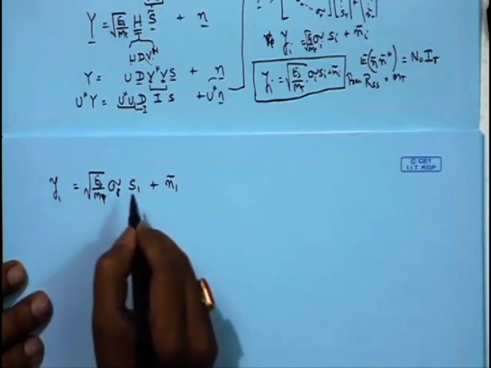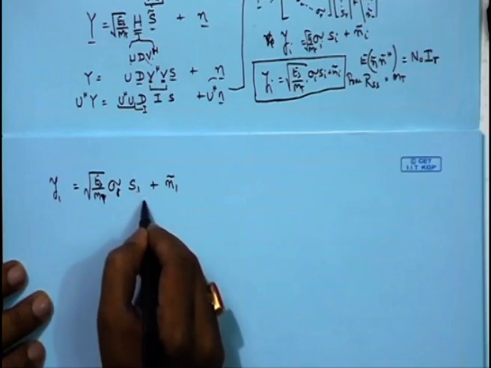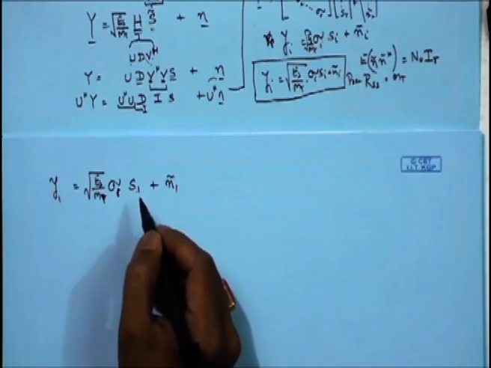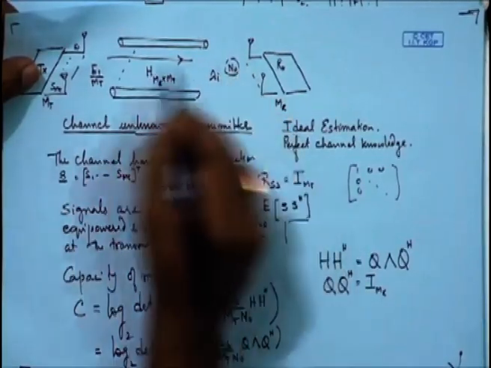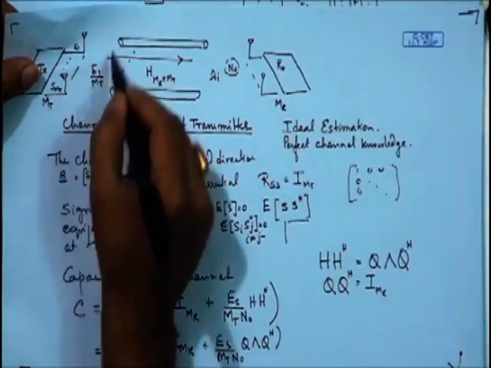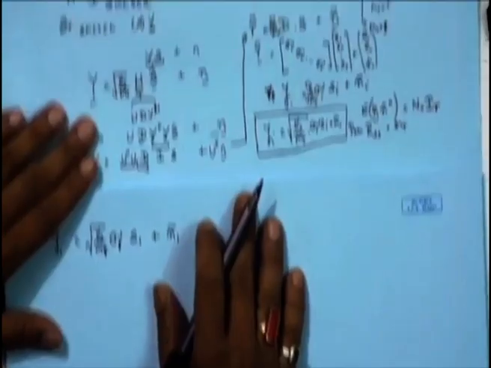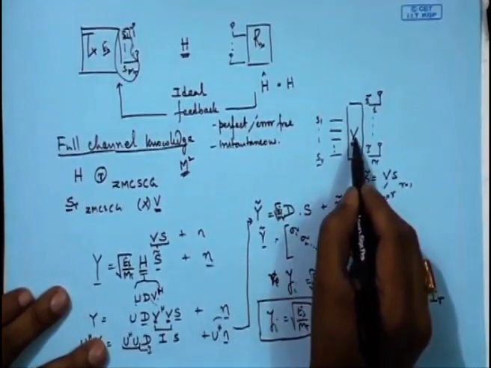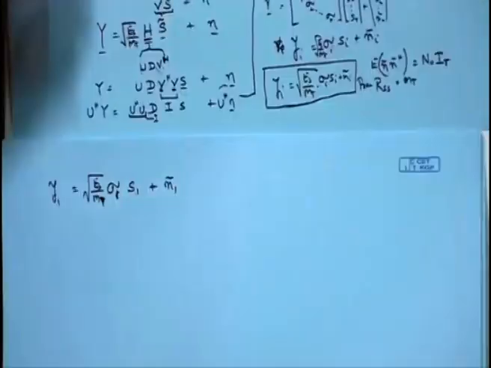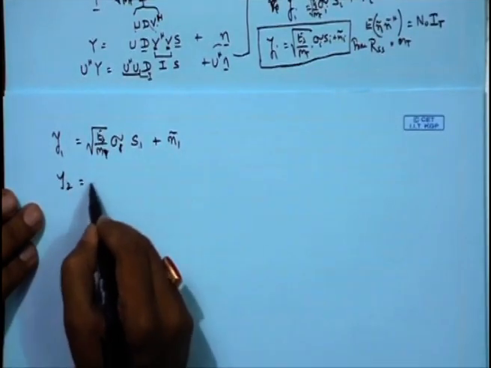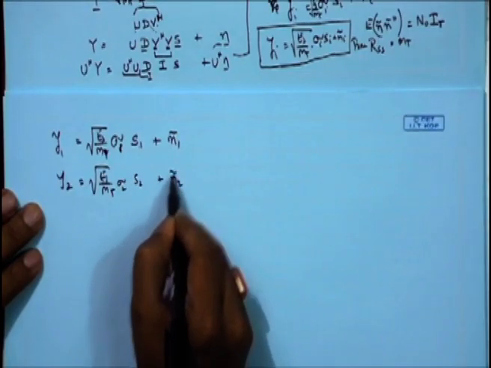So Y1 does not have anything other than S1, and there is no interference between the symbols. Initially we saw that when you send a MIMO transmission, everything is received on all antennas, so the first antenna would receive S1 to SMT. However, because of the pre-processing introduced here, we do not get any such interference. Because of this pre-multiplication, the interference is gone. Similarly, Y2 is root over Es by Mt sigma 2 S2 plus n tilde 2, and so on.